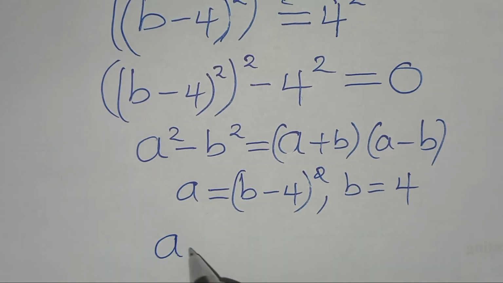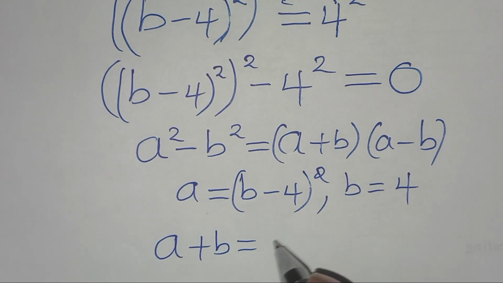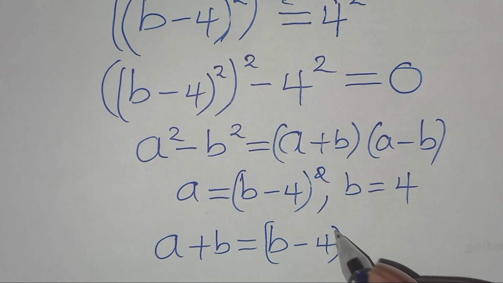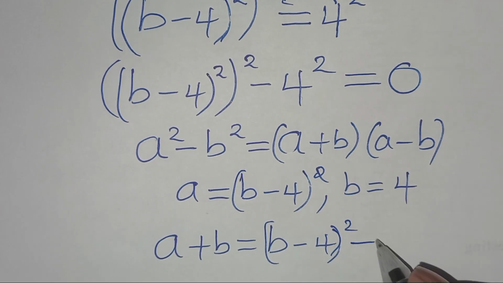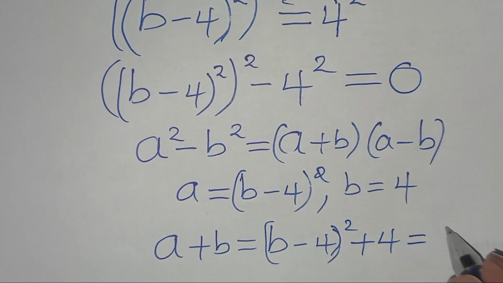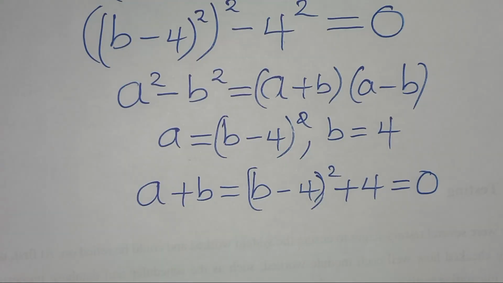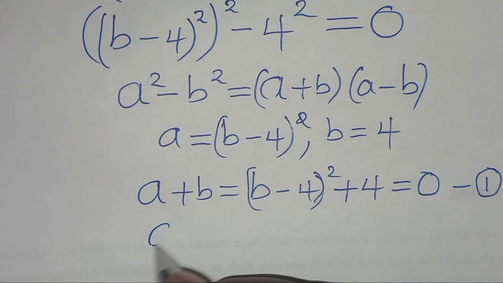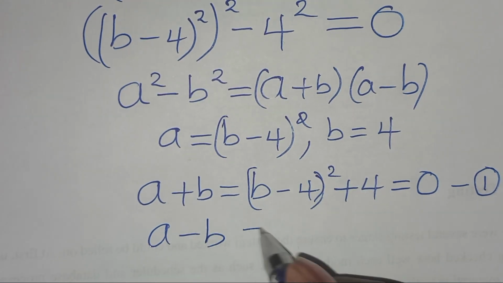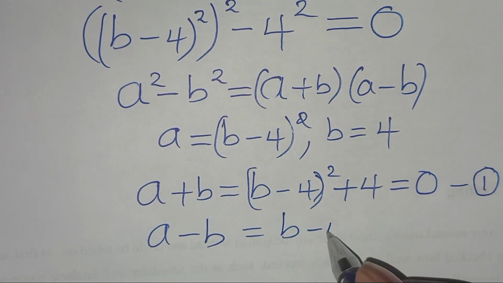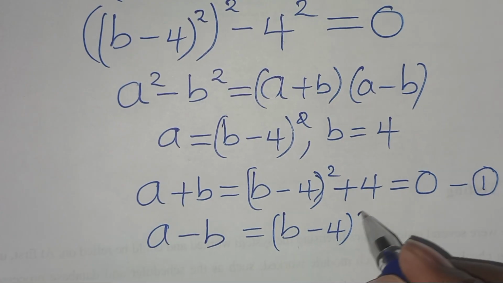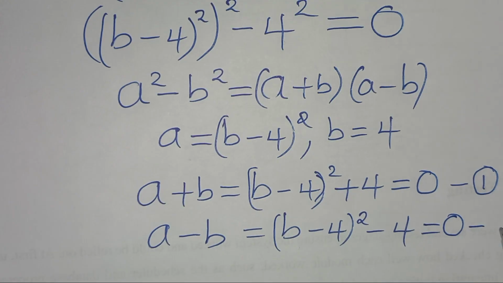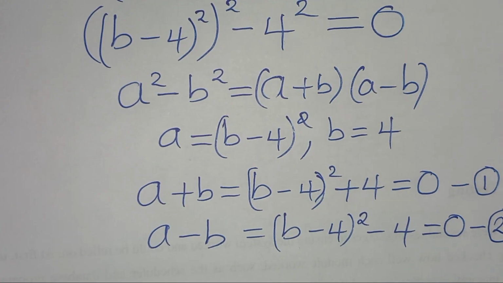Therefore, a + b, the same thing as (b - 4)^2 + 4, is equal to 0. Let's call this equation 1. Then we have a - b, the same thing as (b - 4)^2 - 4, equal to 0. Let's call this equation 2.